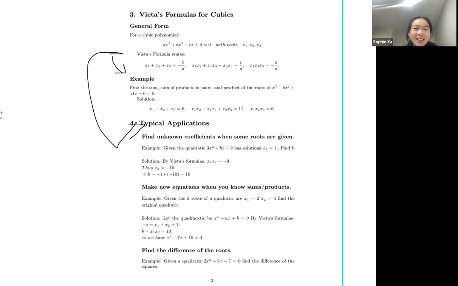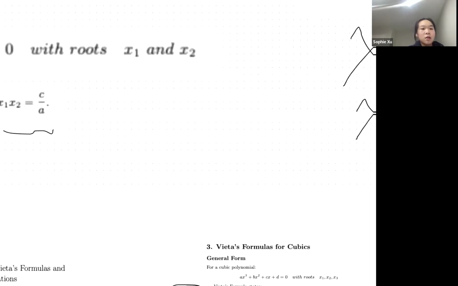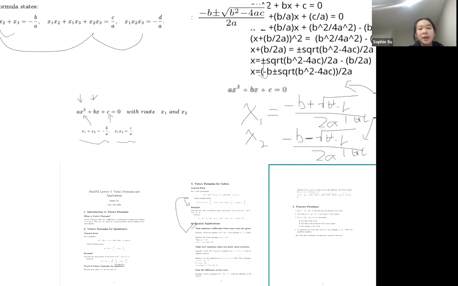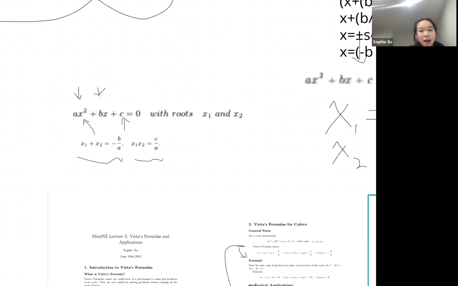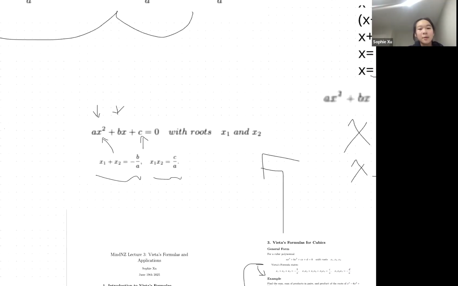let's go: find unknown coefficients when roots are given. It's pretty self-explanatory because if you're given, look up here at this quadratic that we copied up here ages ago, right?